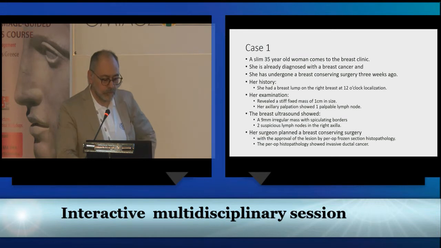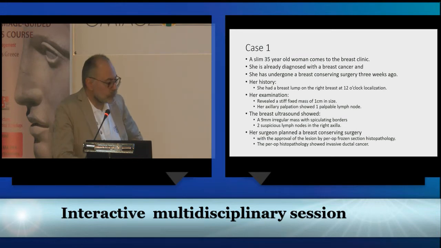I would say initially you mentioned she didn't have any sampling of the lump that was removed. No, she didn't have any sampling of the lump. She had only ultrasound examination. What would you do if you were the radiologist of this lady? Well, she's 35. I would do full imaging.